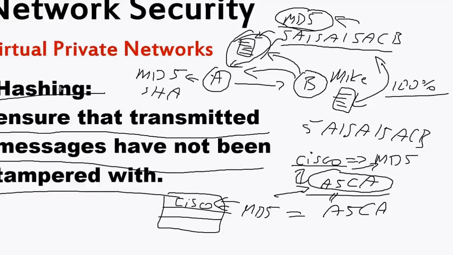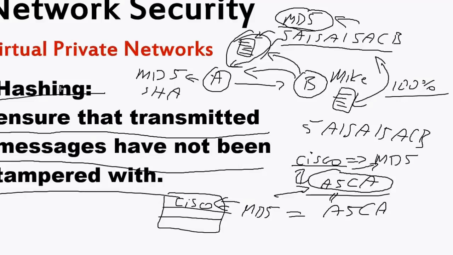It's a fixed length. Remember, it doesn't matter how long a message is, it will produce a fixed hash. Now, it means that if you take 2 messages, you will get the same hash. That is called a cryptographic hash collision.